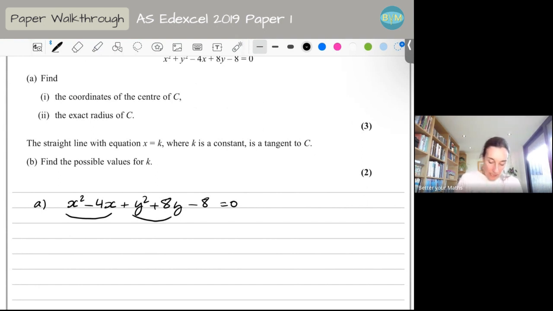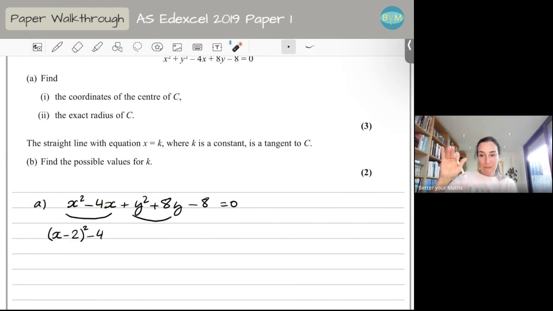When I complete the square, remember, I divide by 2, wherever is multiplying the x, I square it, and then I subtract the number squared, so 4. Why? Because when I expand this bracket, I have x squared minus 2 times 2 for x. And then I subtract this number because it's in the way.